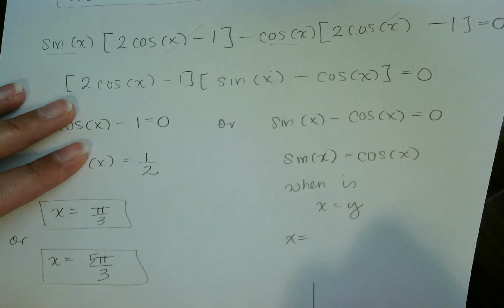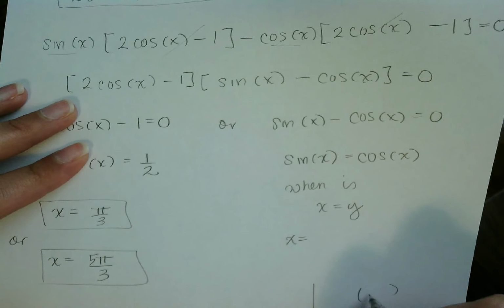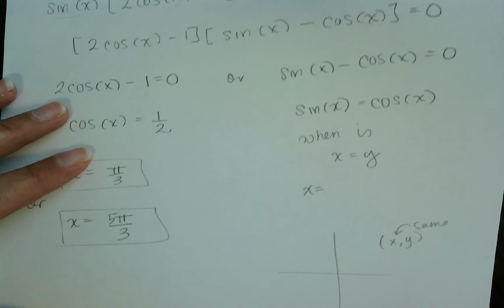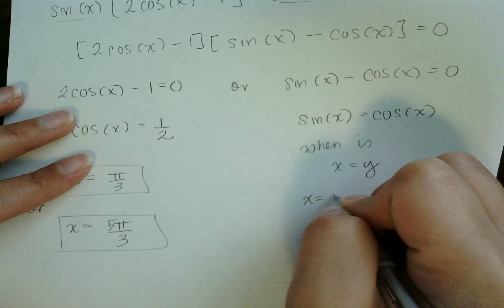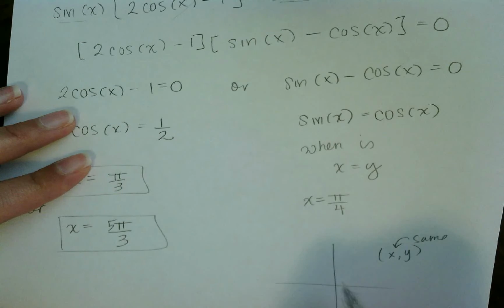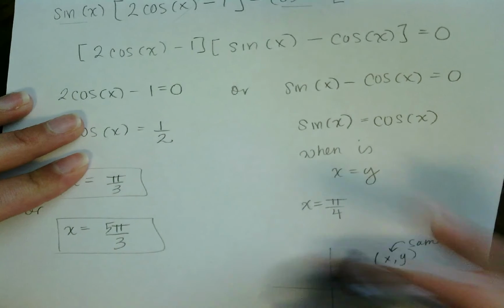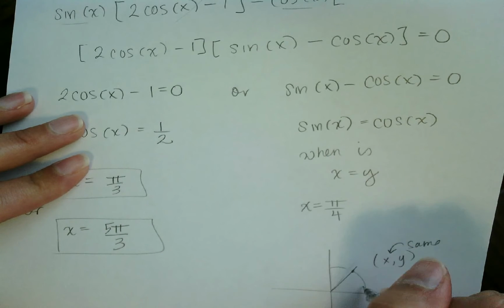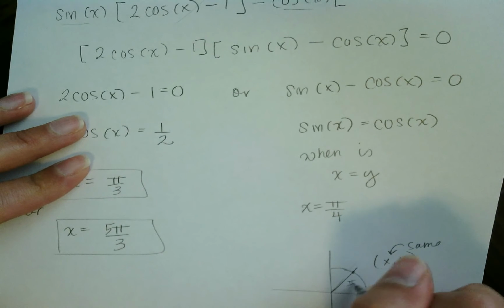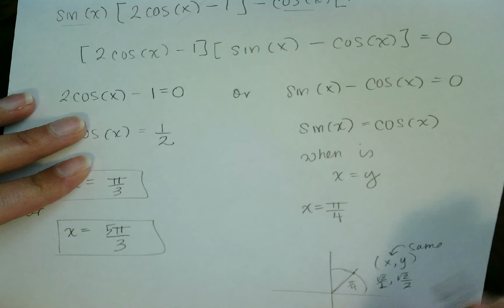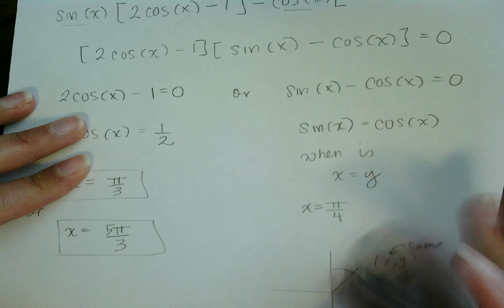So on the unit circle, which x and y values are the same? Because cosine is the x and sine is the y. That's what we want. That's the pi over 4, guys. So pi over 4, so that's this guy. That's a terrible pi over 4. Because you get square root of 2 over 2, comma, square root of 2 over 2. And then which other one are they exactly the same? Because they're not the same in all the quadrants.